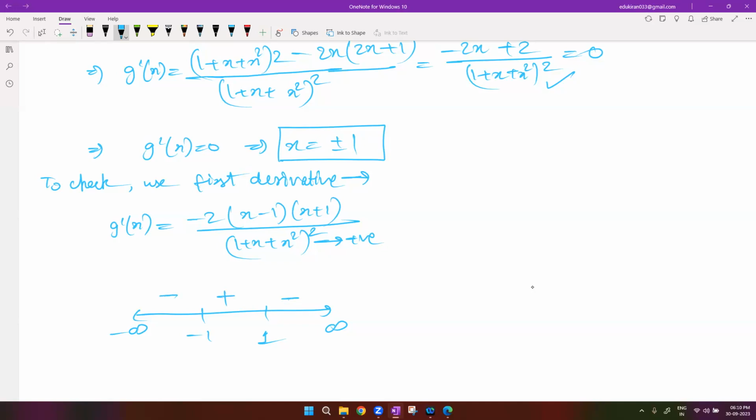So we know that g dash x is positive in -1 to 1, and g dash x is negative in -infinity to -1 and 1 to infinity, right?